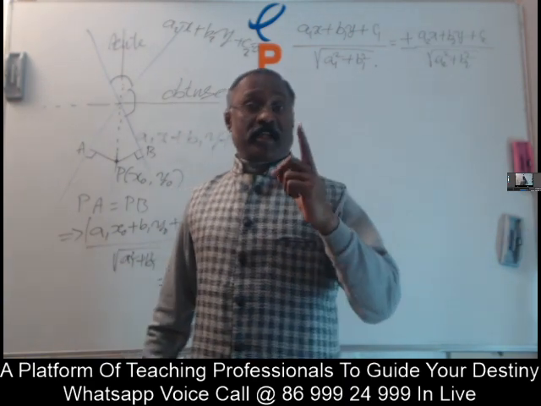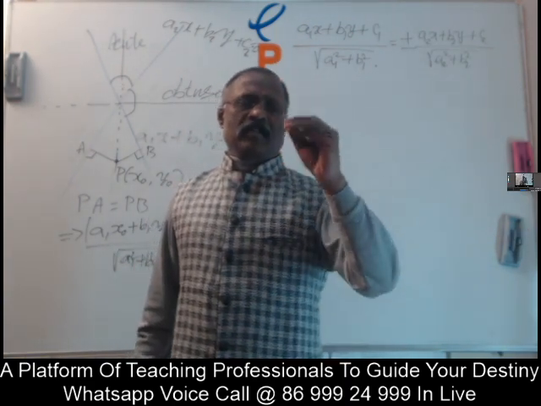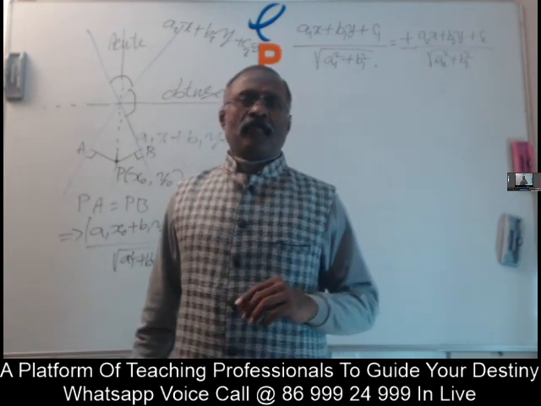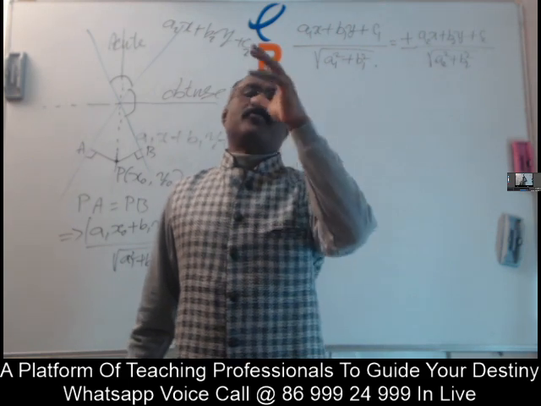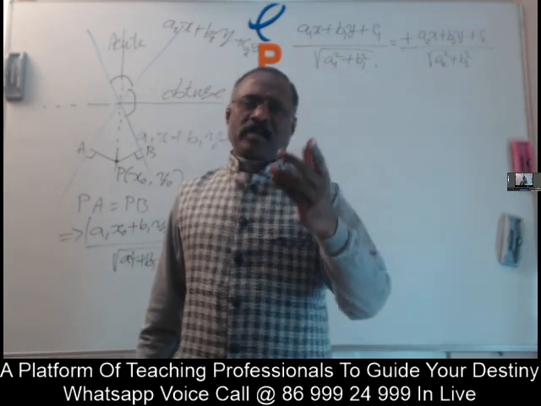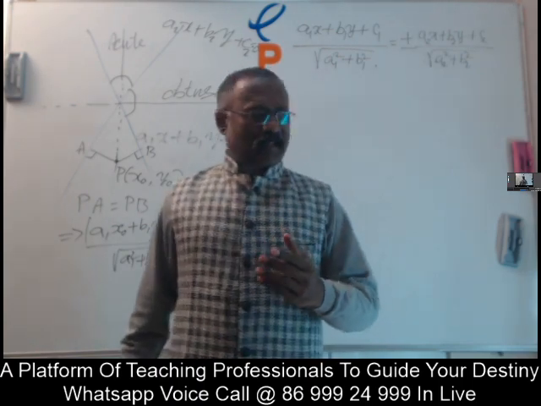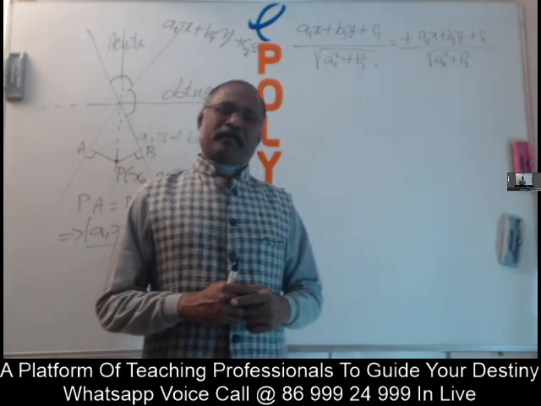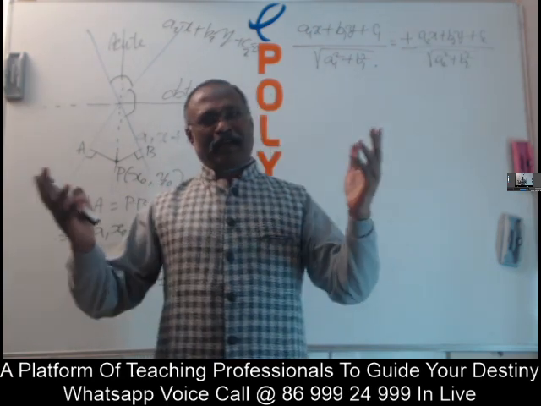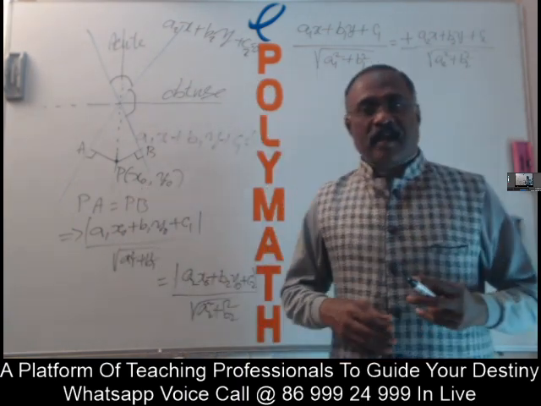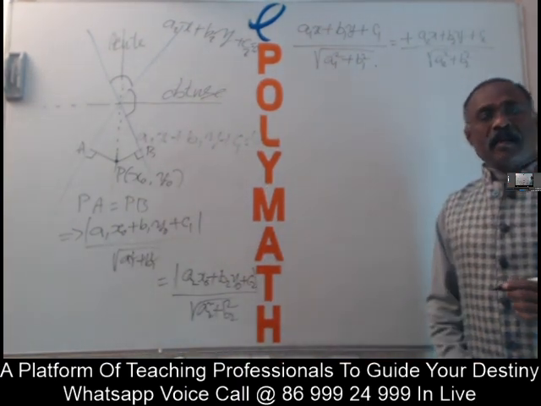But for the objective examinations, it is given more importance: how to find out the acute angle bisector and the obtuse angle bisector. By simply applying this formula, we get both angular bisectors, one by taking plus and another by taking minus. Now, let us understand how to decide that.